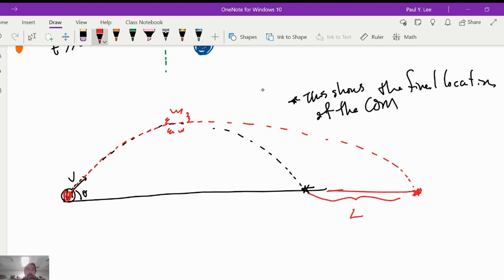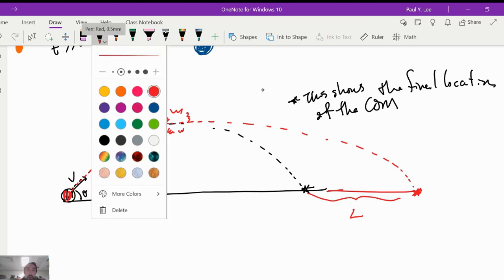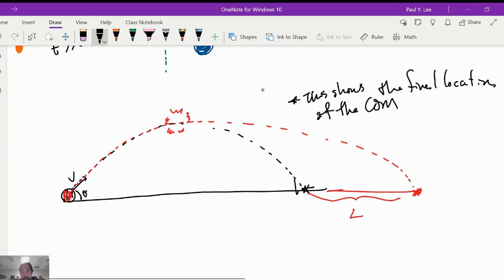All right, so here's how we solve this. We know that the center of mass should be right there, because there are no outside forces within the system. The center of mass was right there because that's where it landed when it did not explode. And we do know that one of the pieces, and we'll say the pieces have equal mass, so it's split evenly, is located a length of L away.